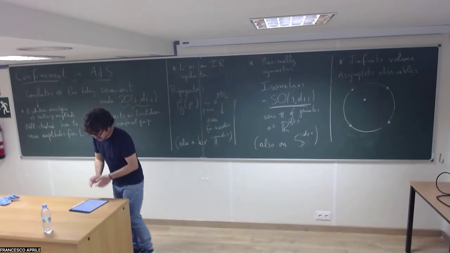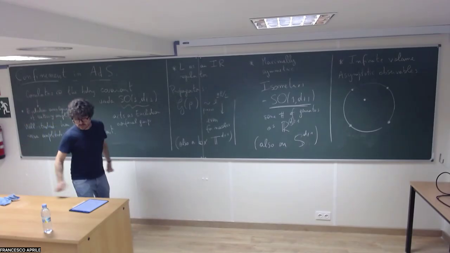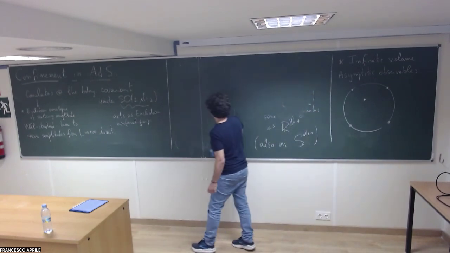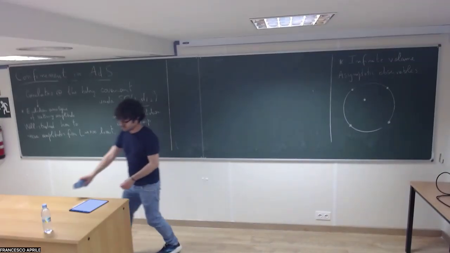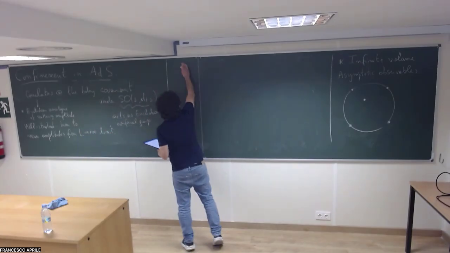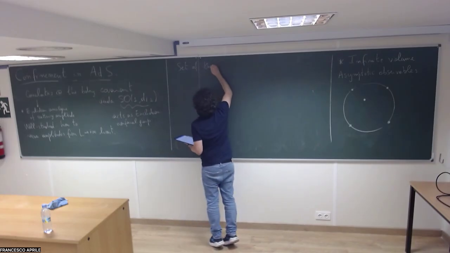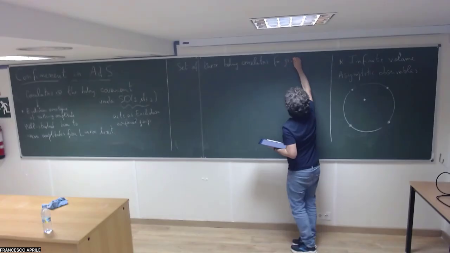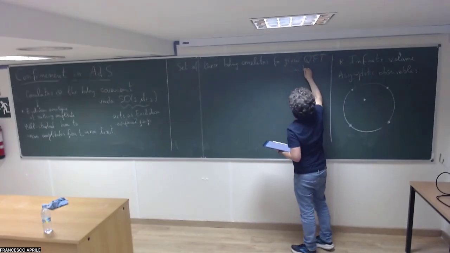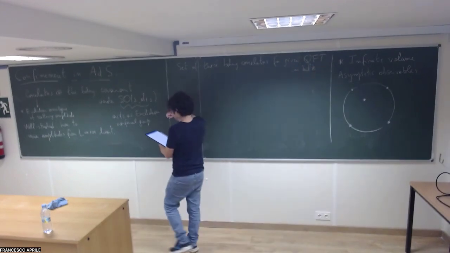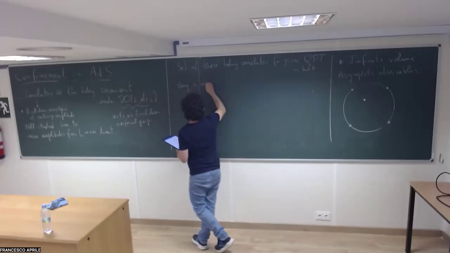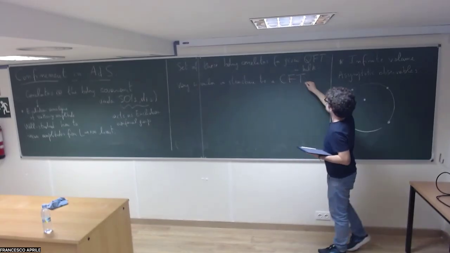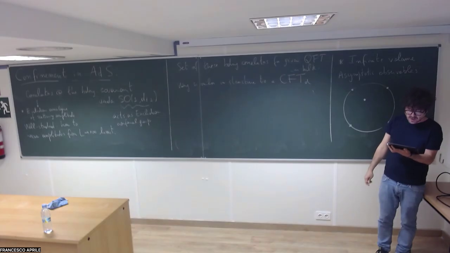And what else I want to say about them? I want to say that if you now consider the whole set of these correlators, they are very similar in structure to a CFT, okay, to a conformal field theory in d dimensions.